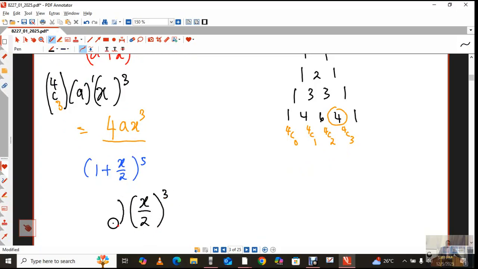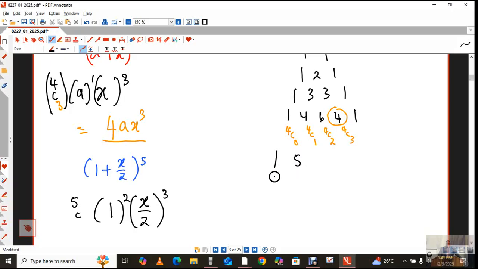And what it means is that the other one, the 1, should be raised to the power of 2, because the two of them should add up to the 5 that I have over there. But I need the coefficient, and that coefficient must be 5 choose something. So 5 choose what? Let me just continue with Pascal's triangle. That will be 1, and this is going to be a 5 because this is raised to the power 5.